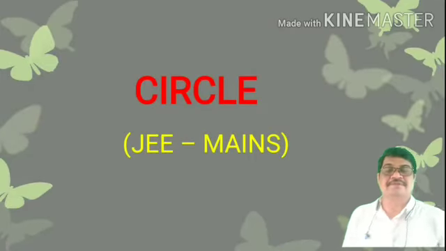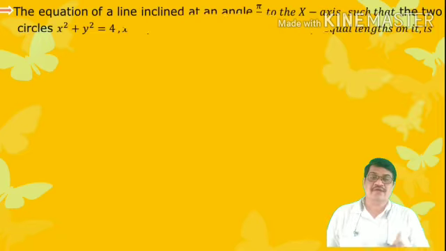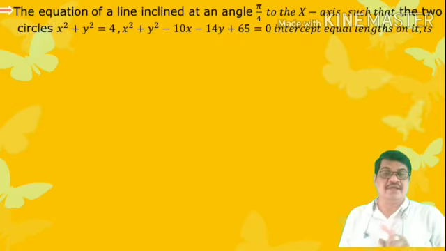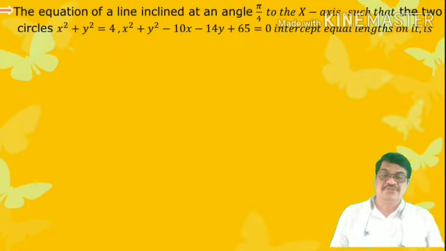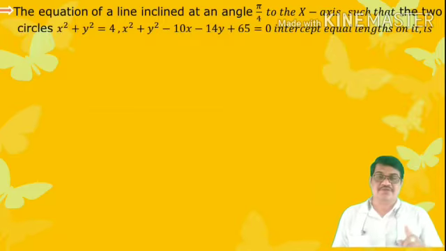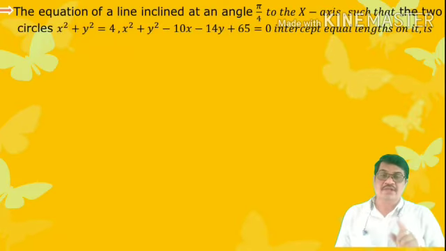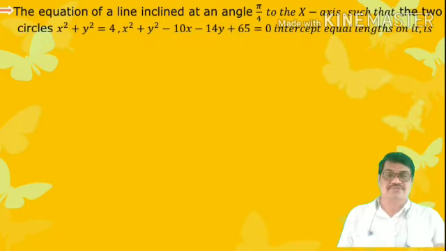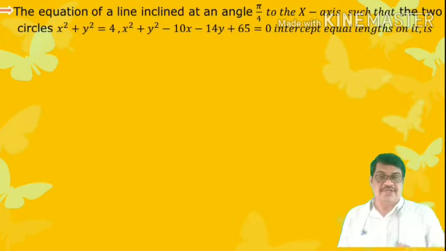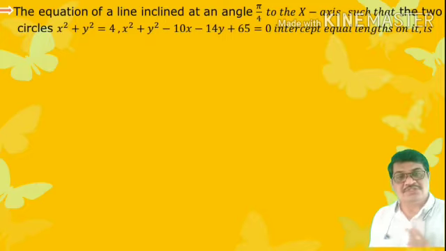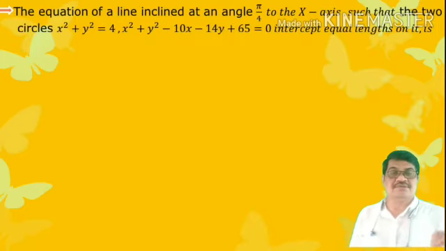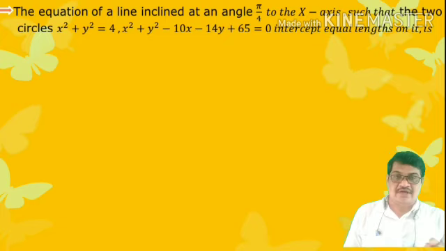First one is the equation of a line inclined at an angle pi by 4 to the x-axis such that the two circles x square plus y square is equal to 4 and x square plus y square minus 10x minus 14y plus 65 is equal to 0 intercept equal lengths on it.